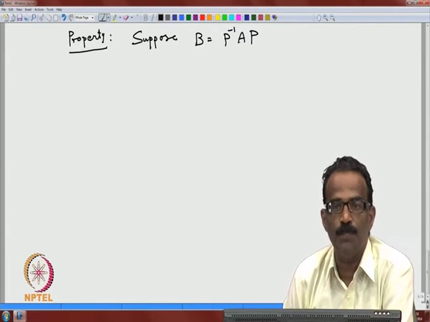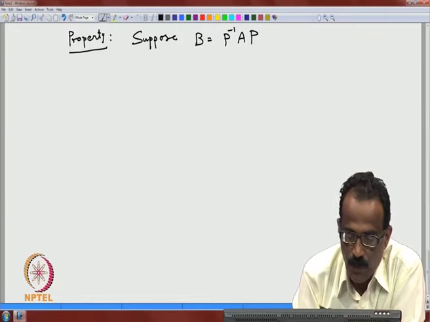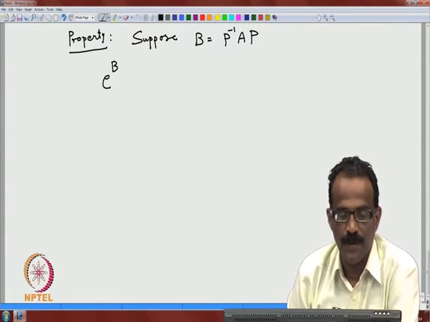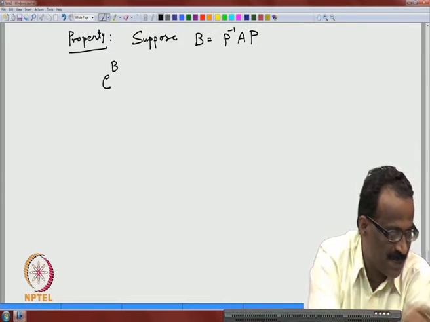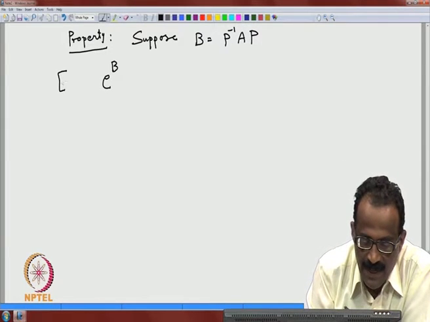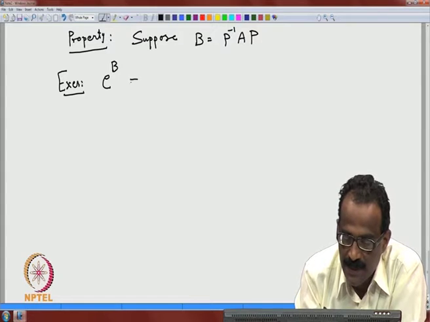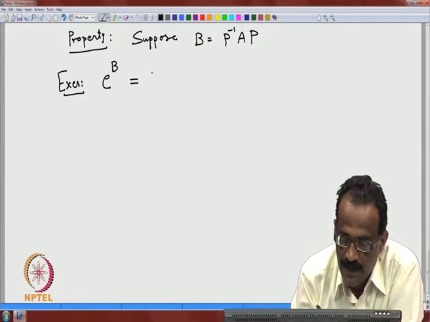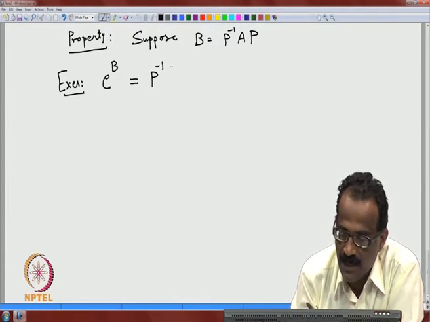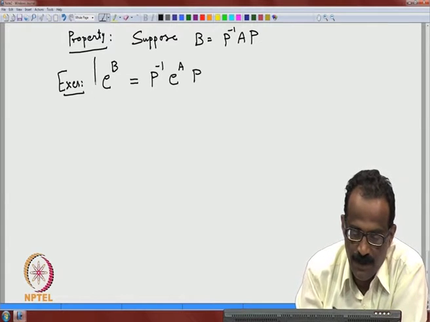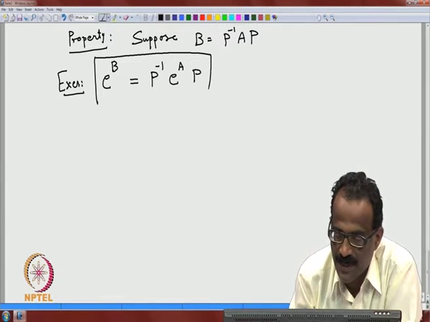Suppose B is equal to P inverse A P, then what is e power B? I want to know. So, this is a simple result again. I will leave it as a small exercise for you. If you have not done these things in linear algebra, this may be the correct time to do that. This will be P inverse of e power A P, you see. So, you have a nice representation.